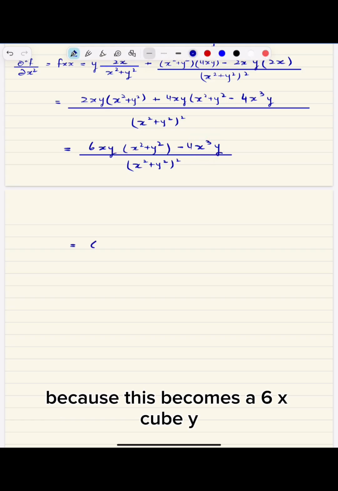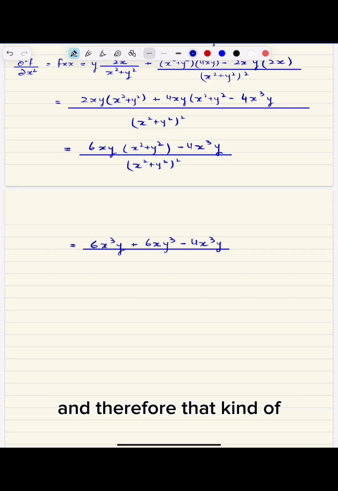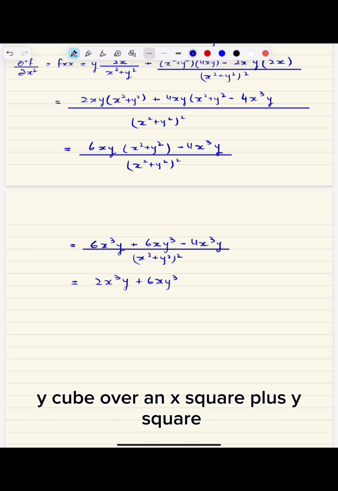Because this becomes 6x³y, and then we'll have a plus 6xy³ minus 4x³y, and therefore that becomes further simplified into 2x³y plus 6xy³ over x² + y².